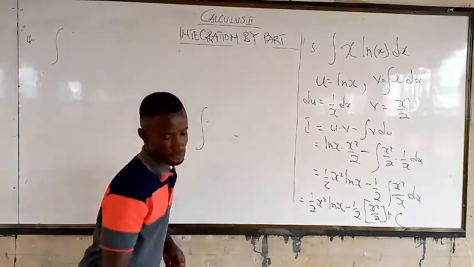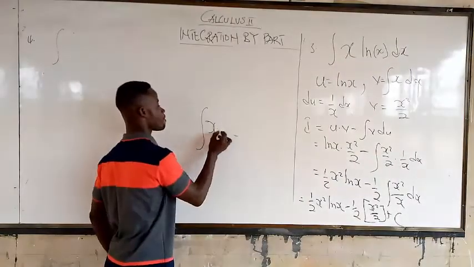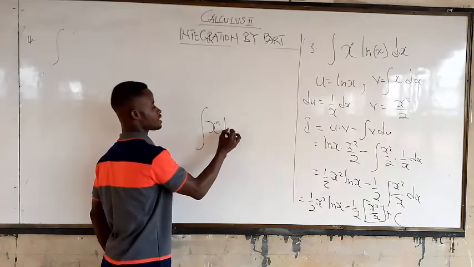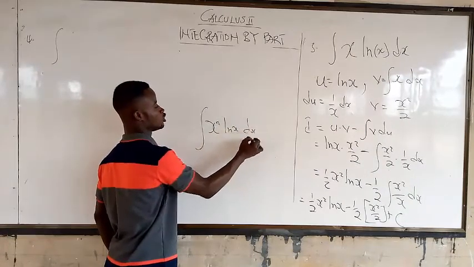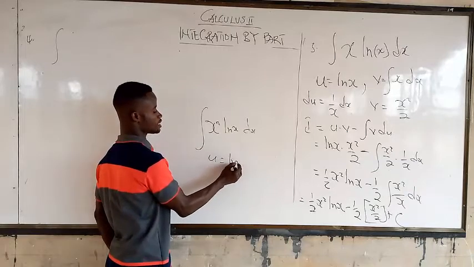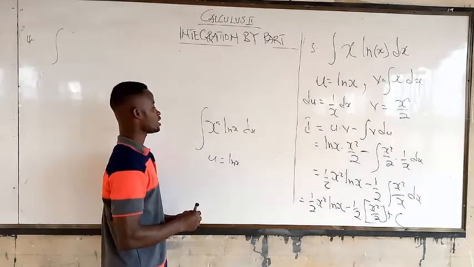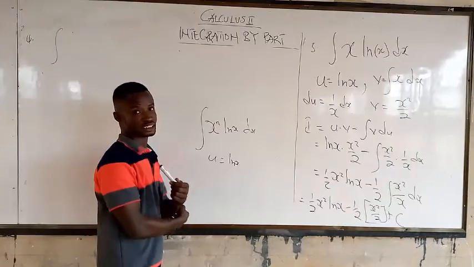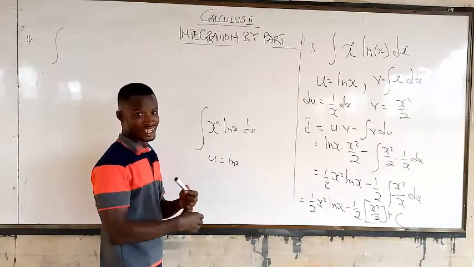Then for polynomial and natural logarithm, the u is always this. Sorry, the u will always be the leaders. Then the rest will be for that. Don't forget that. Always.